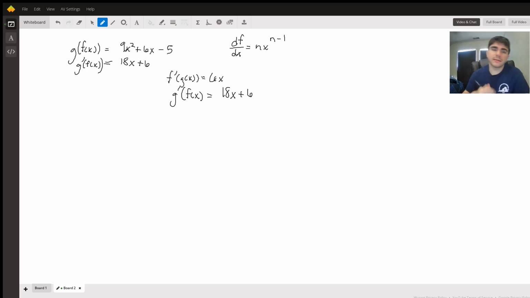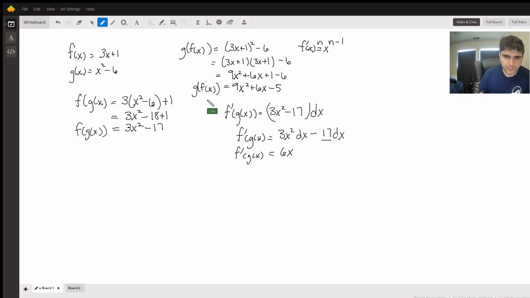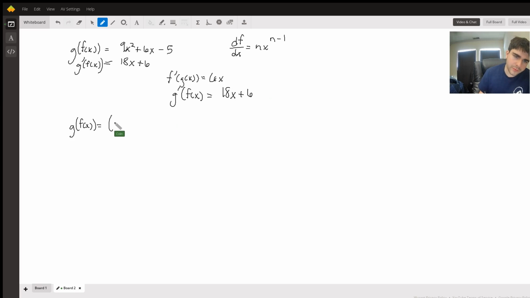So if we kept it like a function in a function, like this, instead of simplifying it, watch. That introduces something called the chain rule. So instead of doing all this extra nonsense, what we would do is we would keep it like this. Now, this is what we call a chain rule for these types of functions. That means for this, we would have to do g prime of f of x times f prime of x.